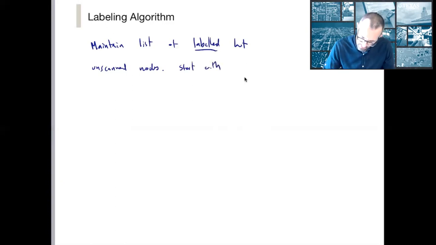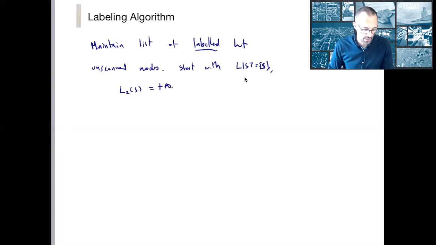We initialize with the list just being node S and the label of S being plus infinity, because you can have plus infinity flow in principle come out of it.